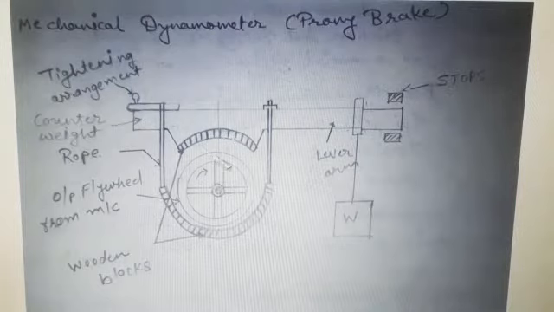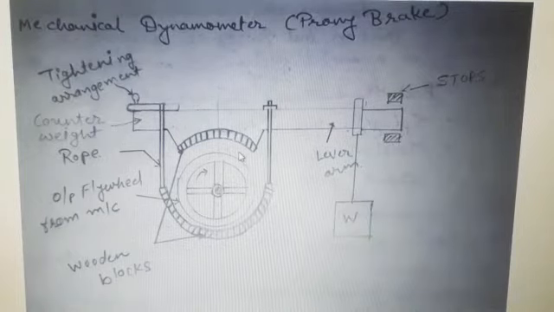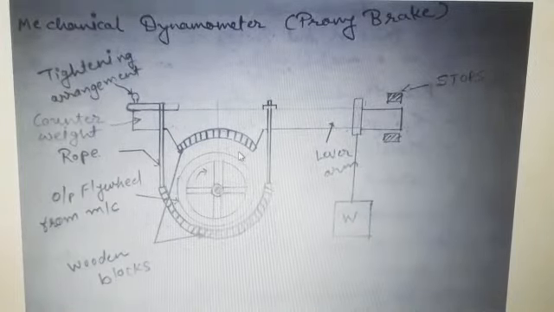Now let us discuss how it functions. Prony brake dynamometer is a mechanical dynamometer, and it is an absorption type dynamometer. It was already discussed earlier that Prony brake dynamometer is an example of absorption type dynamometer.